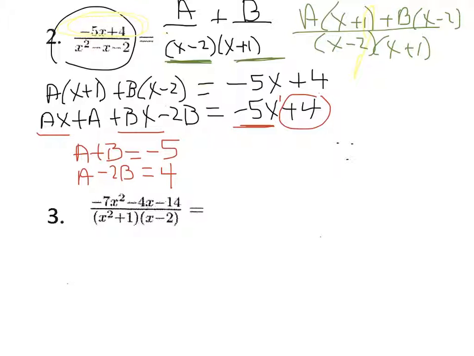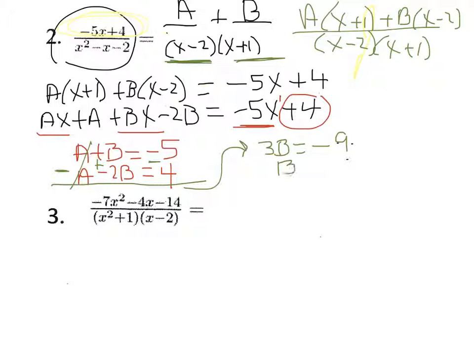So if we subtract the bottom equation from the top equation, which changes the signs, and we add that together, I'm actually going to put that over there. If we add those two equations together after I change the bottom sign, the A's will cancel out. So that's going to leave us with 3B is equal to negative 9.